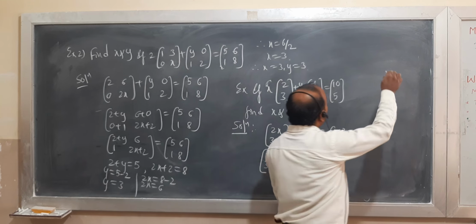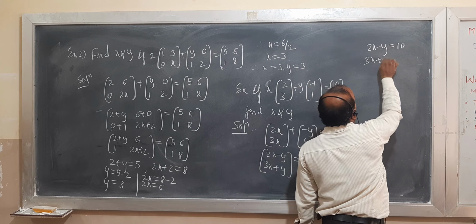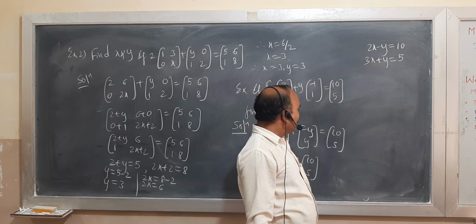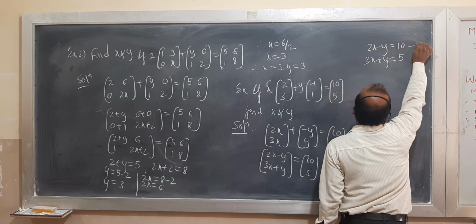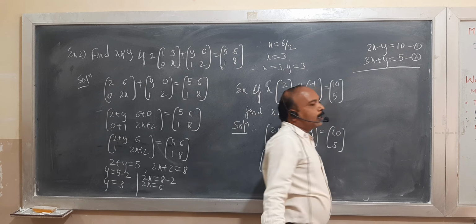Now, by equality of matrices, we solve these two equations. First, we consider the equation 2x minus y equal to 10. After that, the second equality, 3x plus y equal to 5. Now, we can solve these two equations. You call this as equation number 1 and this as 2. Now, it is solved like this.